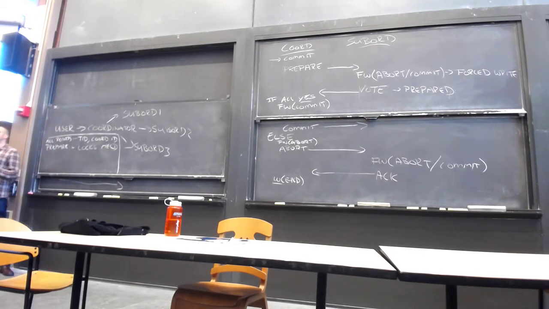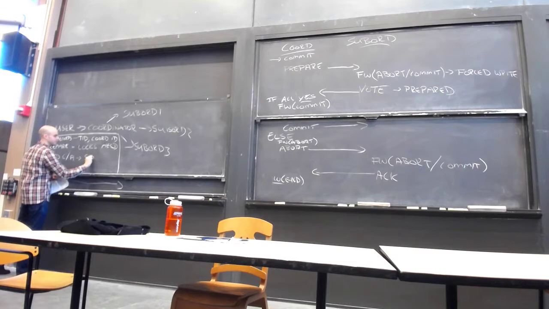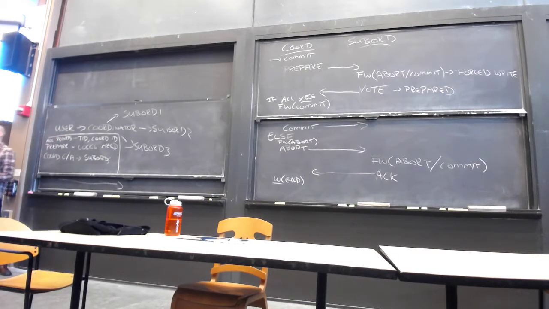If we ever prepare, what locks in the database are sitting there that this prepare is blocking on? So I'm prepared, and I'm holding these locks. Now for the coordinator, when it writes out a commit or an abort, it needs to know the list of subordinates involved, what subordinates are part of this process.